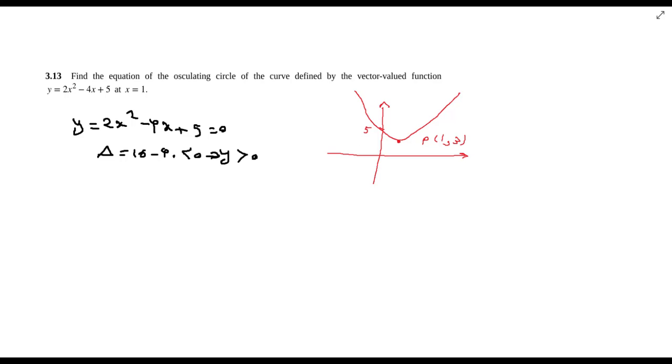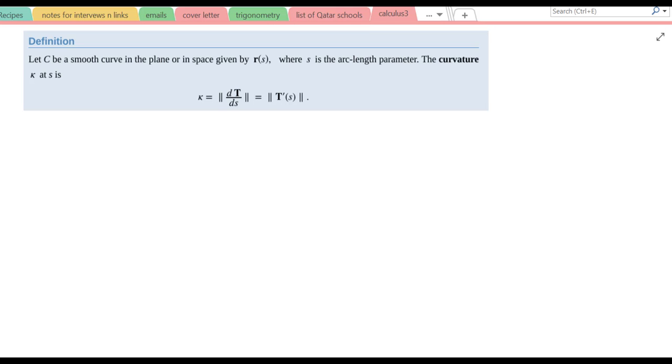To know what the osculating circle is, we have to know what the curvature is. The curvature is defined if we suppose that a smooth curve C is in the space R³, given by r(s), where s is the parameterized arc length.